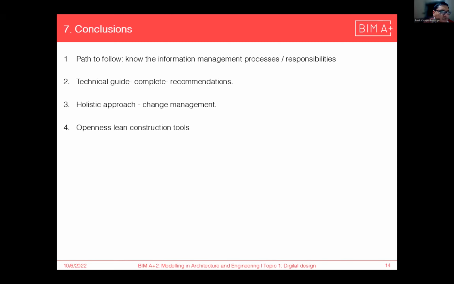And also, just to finish, it was found an openness for including tools from the construction community, such as set-based design, choosing by advantage, plus delta analysis, and Ishikawa diagram.